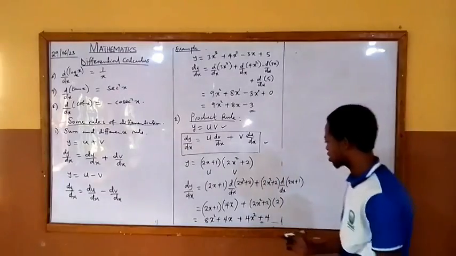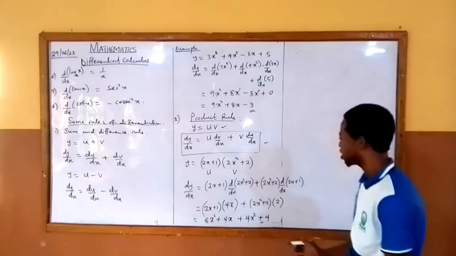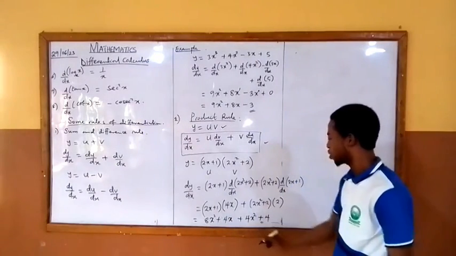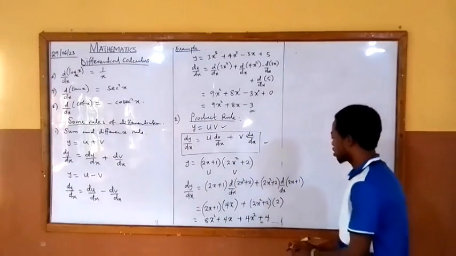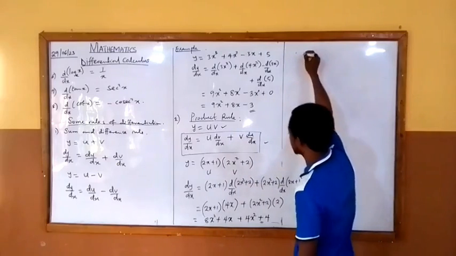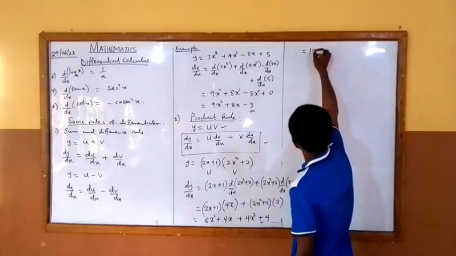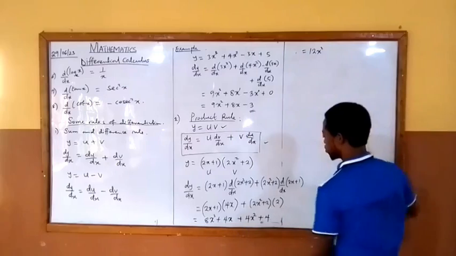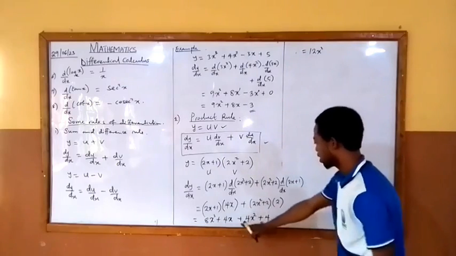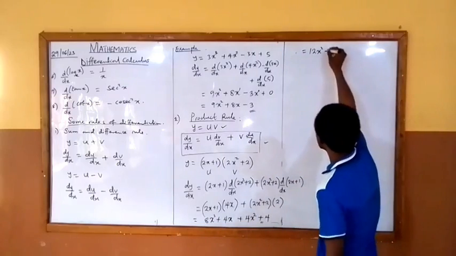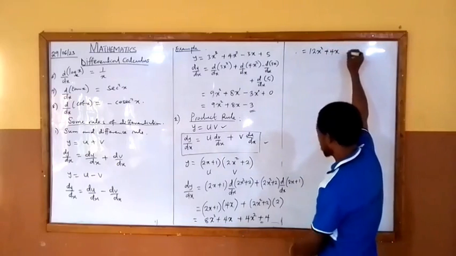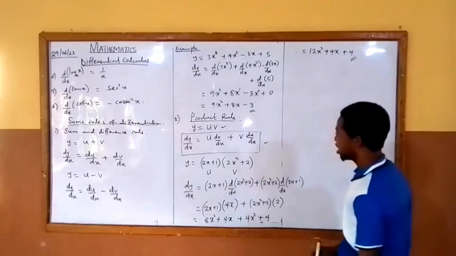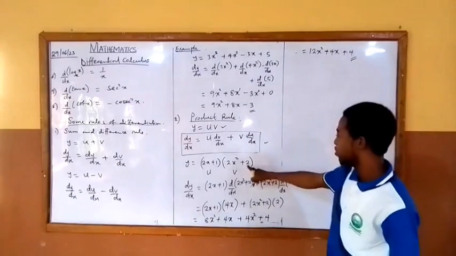The like terms are the x squared terms: bring all the x squared to one side, this is 8x squared, this is 4x squared. When we add them together, that becomes 12x squared. So this will be equal to 12x squared. Then you only have one x term, and that is 4x. So that is plus 4x, and that is plus 4. So simply, this is the derivative of our y equals to this.